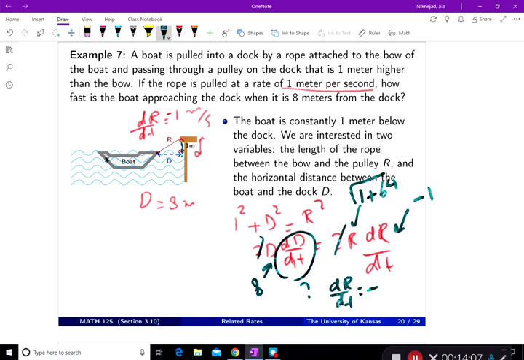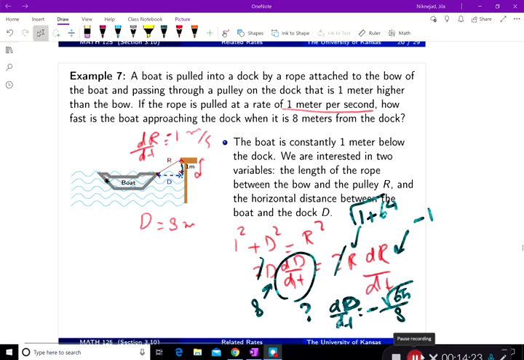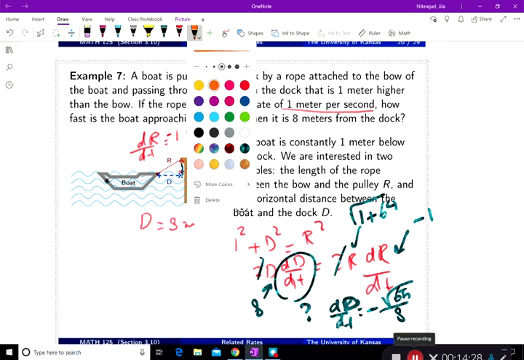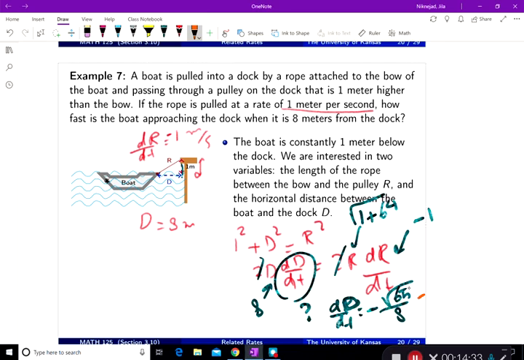Oh, I'm sorry, that's the one with the question mark, it is going to be a negative value, negative square root of 65 divided by 8, which is approximately equal to -1.008 meters per second.